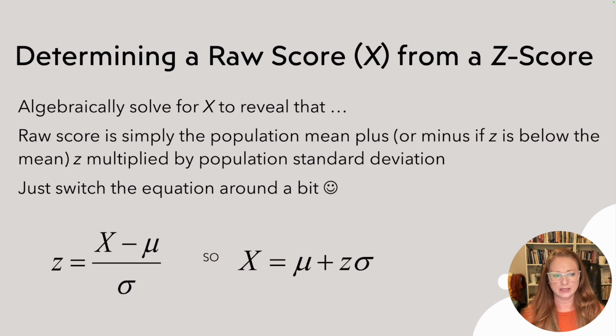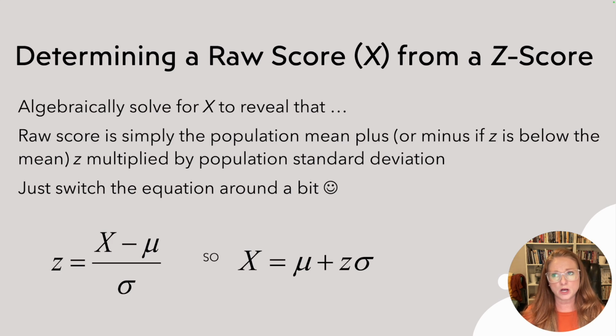Yes, absolutely. But what if you don't have x, but you have the population mu, you have the z-score for it, and you have the sigma or the standard deviation? Can you find the raw score? Yes. You just algebraically flip it around.